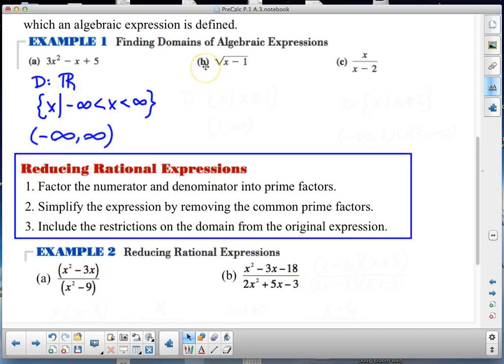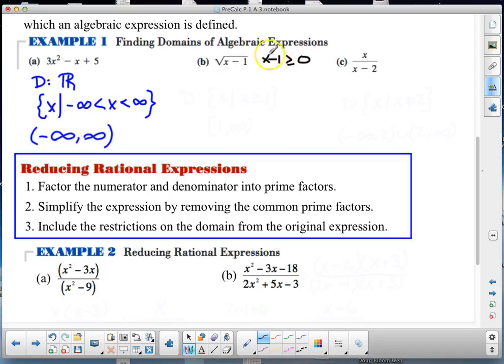In B, I have a restriction on the domain because the value inside the square root can't be negative. So x minus 1 must be greater than or equal to 0.